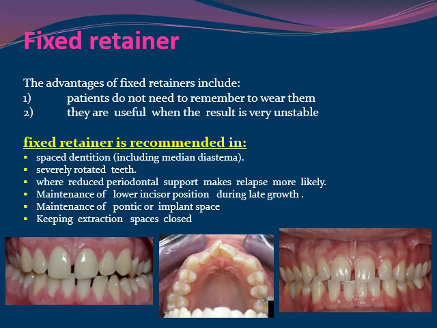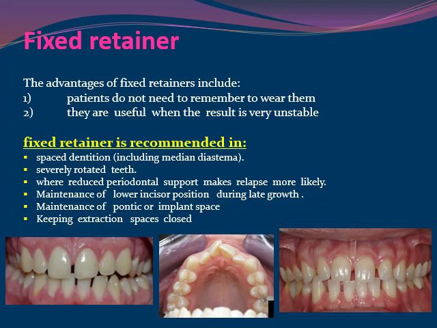Also, in cases when we need maintenance of the lower incisor position during late growth, to get more control over the lower incisor position, due to late lower incisor crowding that occurs due to growth changes, as we took previously in the previous slide. So to get more control on the lower incisor position, we need a fixed retainer to avoid late lower incisor crowding that happens due to growth changes.